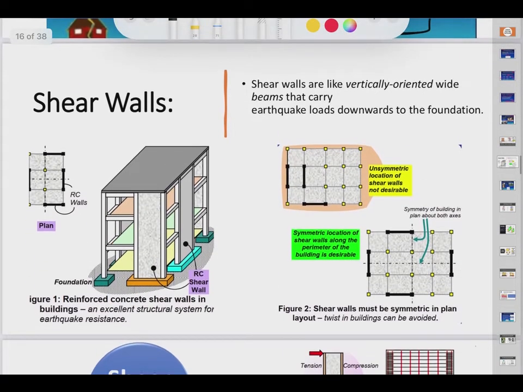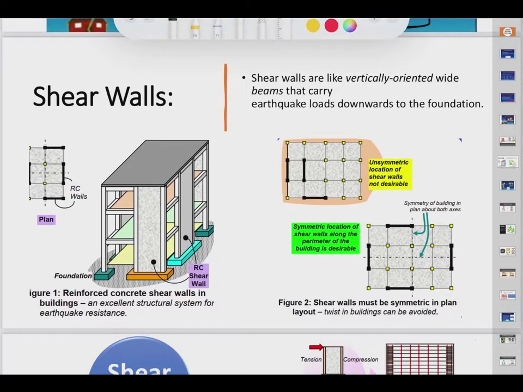You can see this figure of a shear wall. This is an RC shear wall shown here in the plan. Earlier the beams and columns were shown like this, but the dark thick lines in the plan are shown as shear walls.